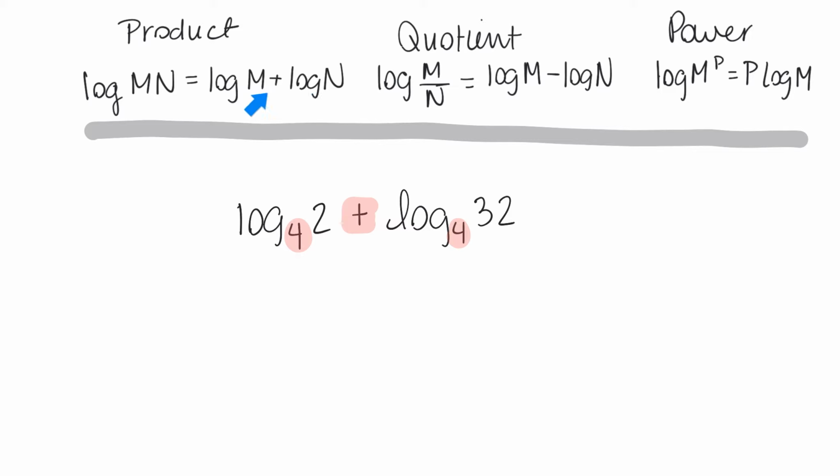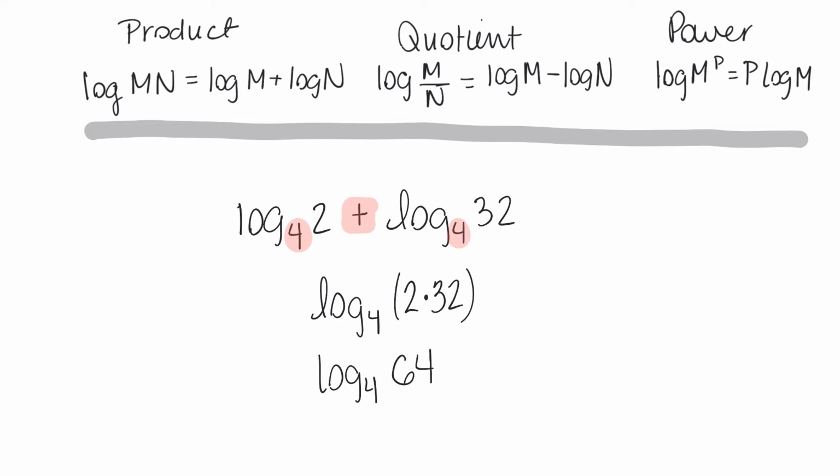So if I have 2 logs that are adding, then I can rewrite them in a simplified form with the product law. So this is going to be the same as having a log base 4 of 2 times 32, which is 64, right? So the log base 4 of 64.